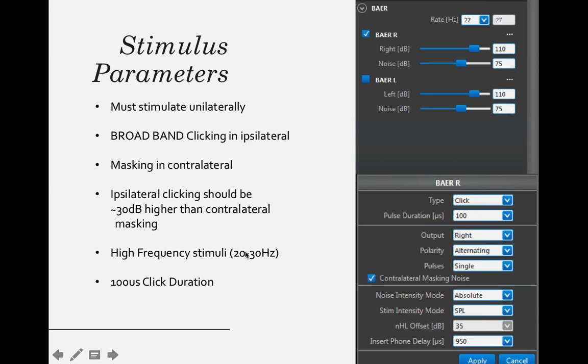Maybe you want to lower the frequency of your stimuli so that they're hearing it a little bit better. But in general, between 20 and 30 hertz will suffice. You see I have it set here to 27, and we have 100 microsecond pulse duration.